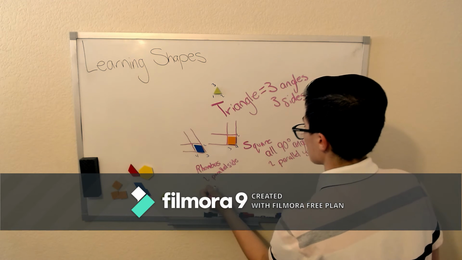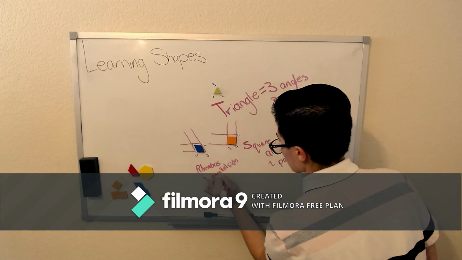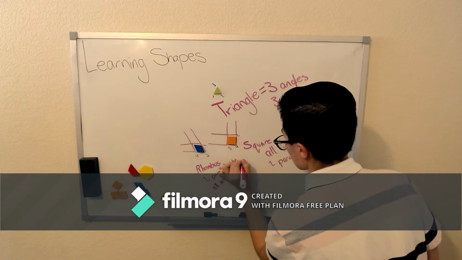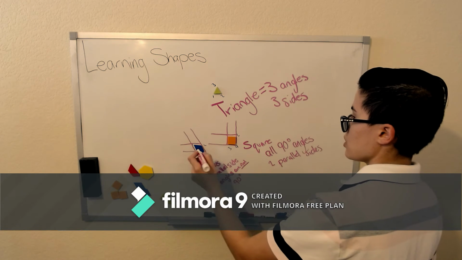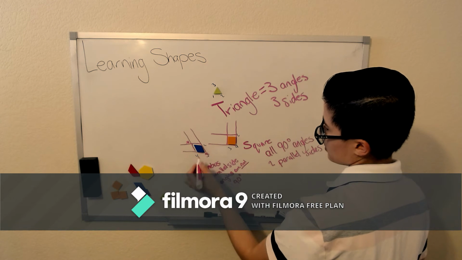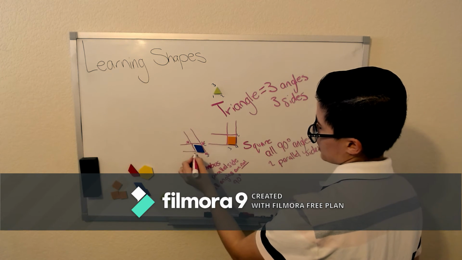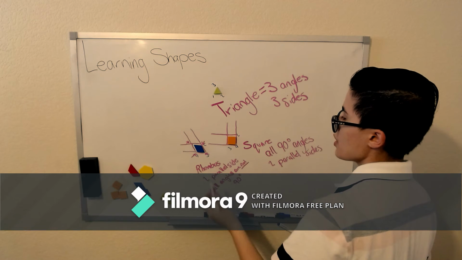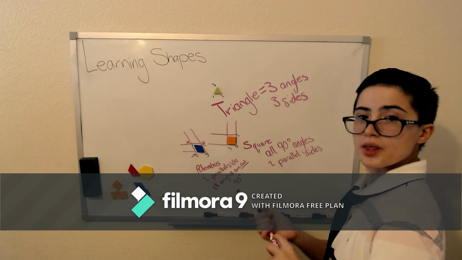But all angles are not 90 degrees. This angle and this angle are the same, and this angle and this angle are the same. But all 4 of them do not match as they do in the square.